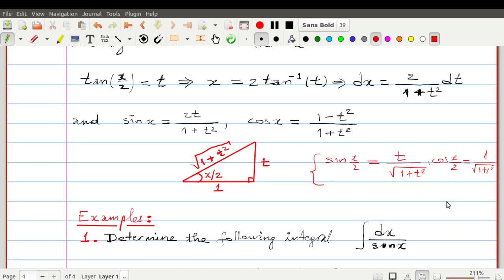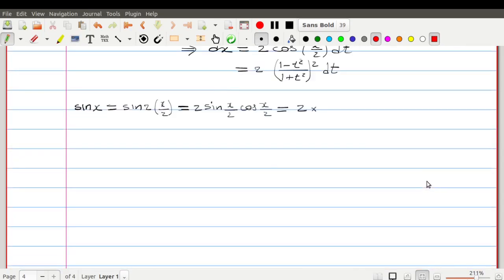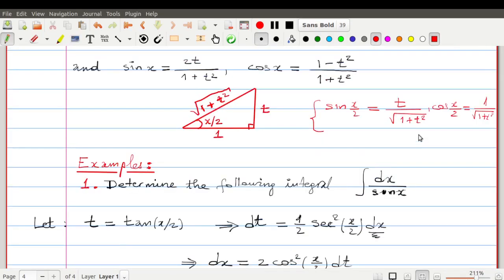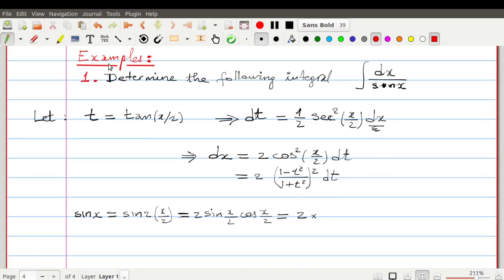All right, so what I wrote here was not correct, so I will change it. Because I'm going to square this for the cosine, it will be 1 by 1 plus t squared.